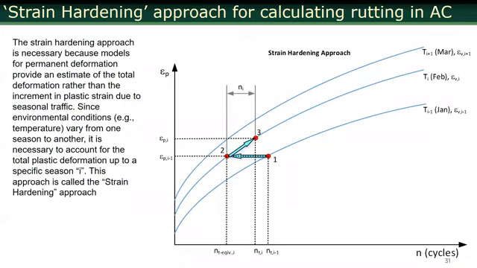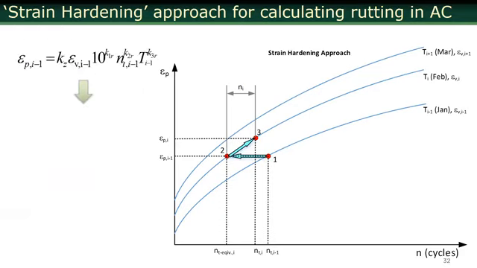Let's say in January you are applying a certain amount of traffic to go to this level. If you were running the same test at a different temperature, you would get a curve like this. So Pavement ME uses a method called the strain hardening approach for a discrete cumulative rutting calculation. First, using the plastic strain equation for any given time period, it goes to this, let's say number 1, and calculates the plastic strain.